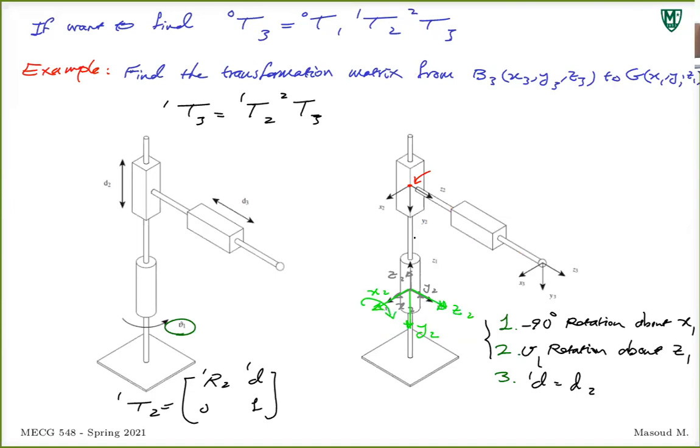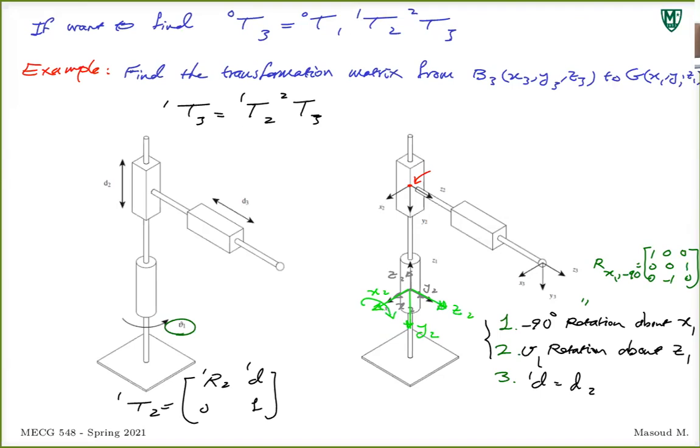Right? These I can actually write here. This one it's an easy one, X1 minus 90 degrees. So that becomes cosine. It becomes 1, 0, 0, 0, 0, 1, 0, minus 1, 0. Right? That gives you this one. Rotation about Z1. After I should write it.